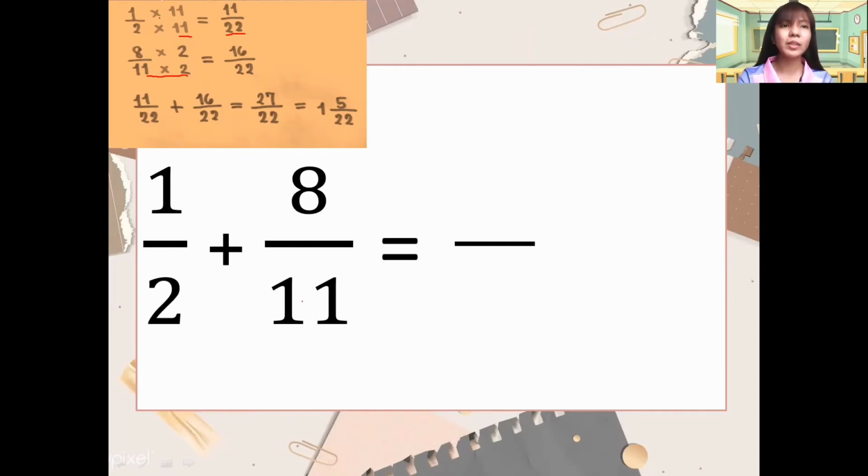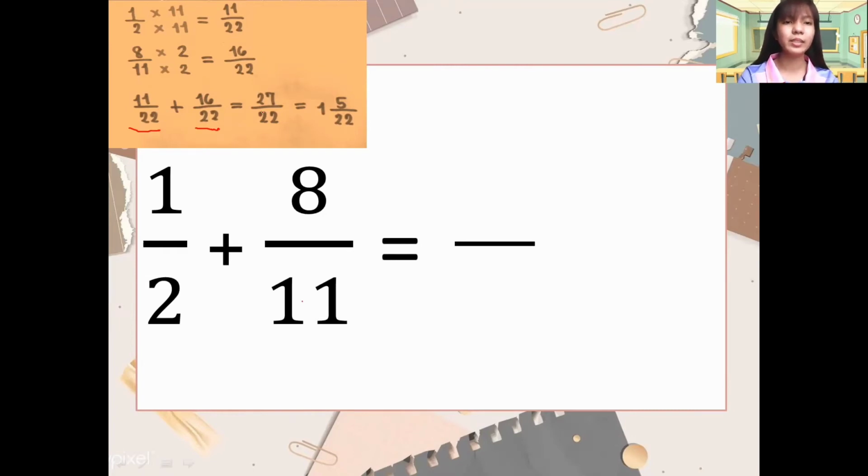All right, so now from 1/2 we now have 11 over 22, and then plus, instead of 8 over 11, we make it 16 over 22. So now we have the same denominator, guys. Alright? So we can now add 11 plus 16 equals 27.